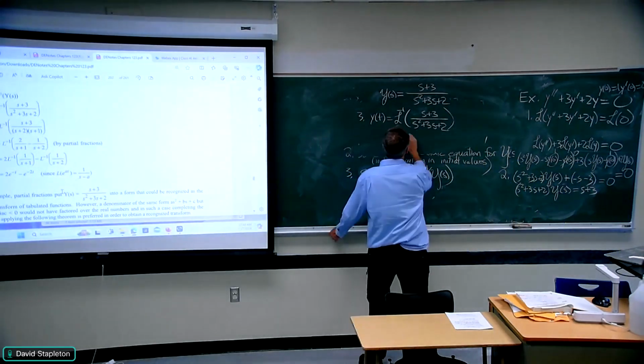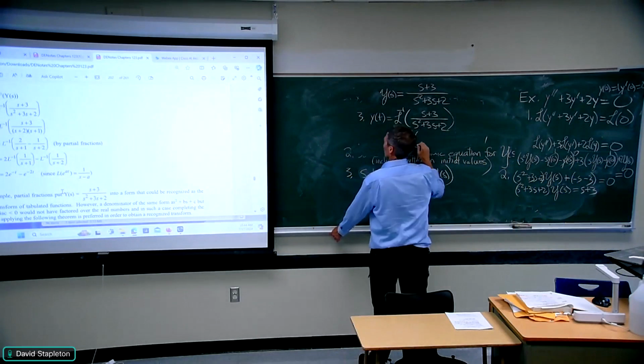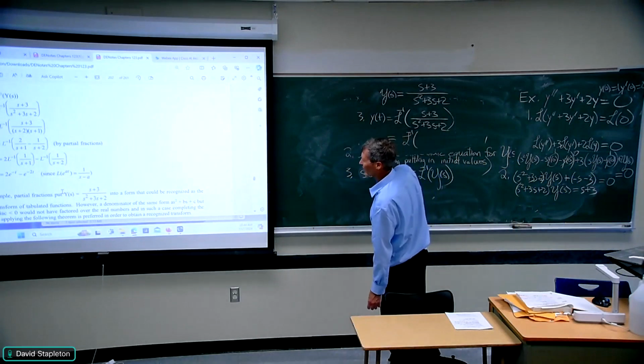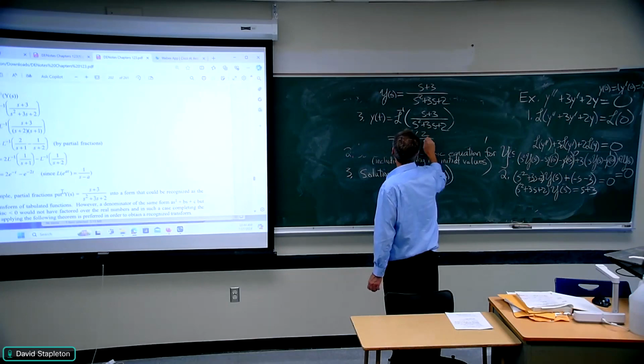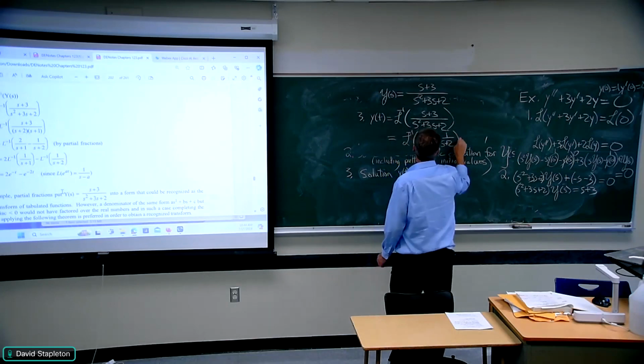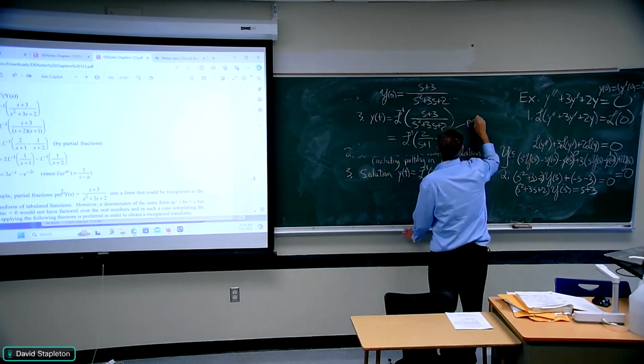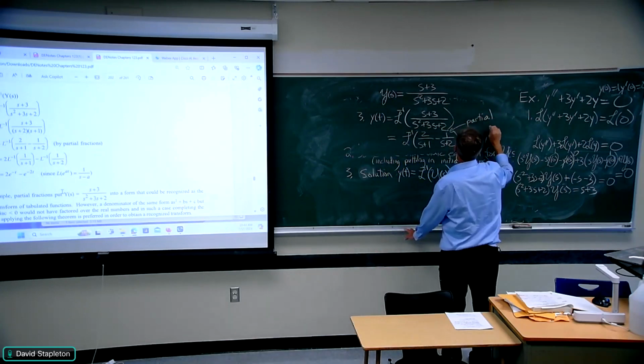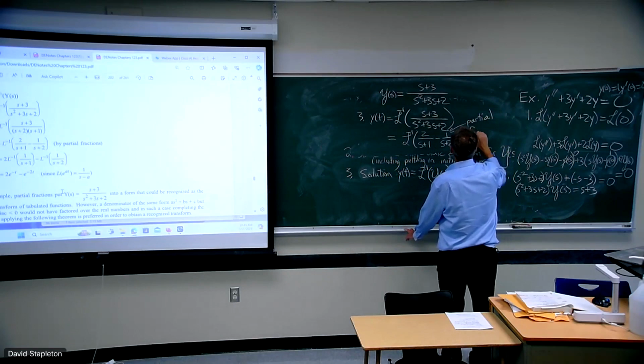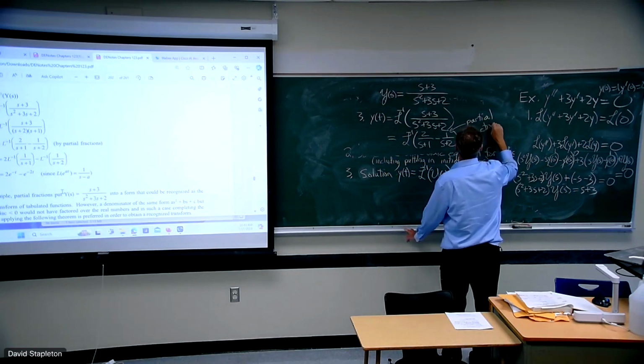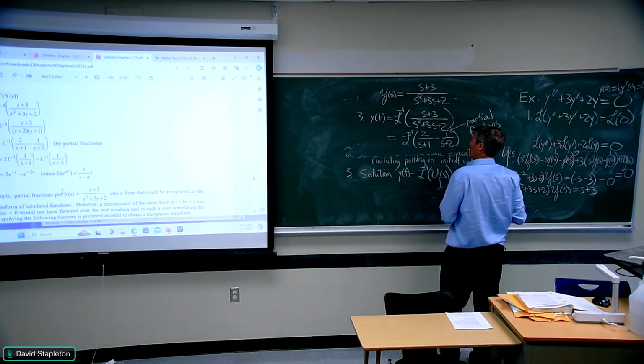This is just algebra. You can do that on your calculator with the expand function if you want, although a little partial fractions is a good idea now and then to keep your skills up.